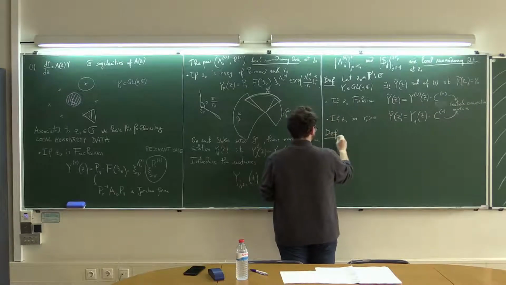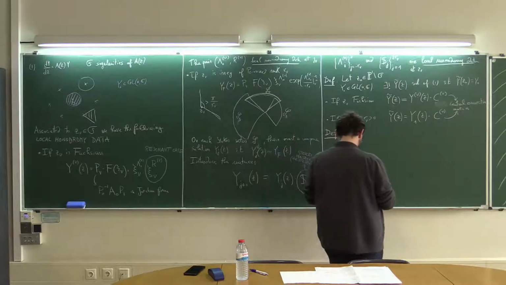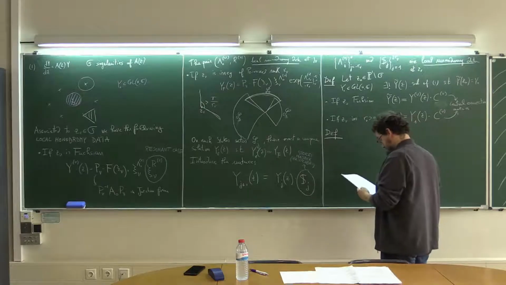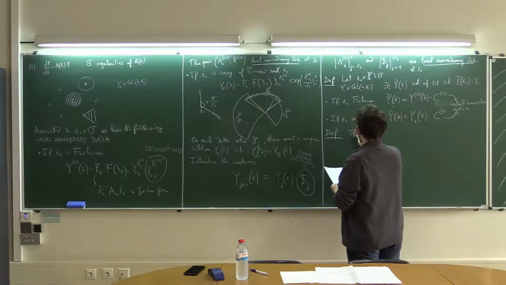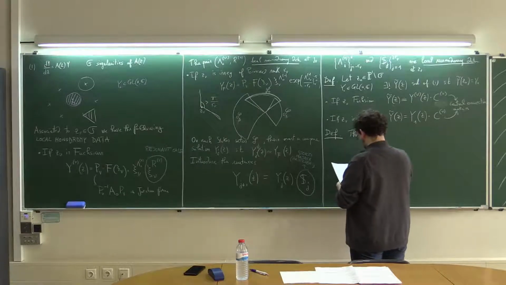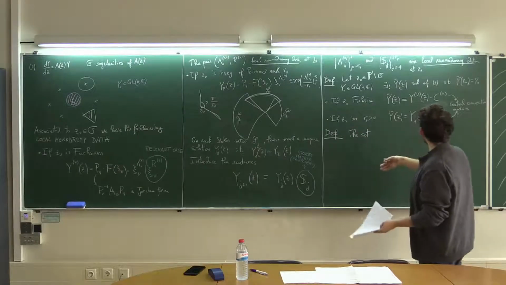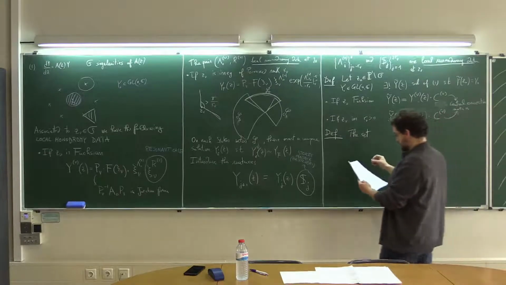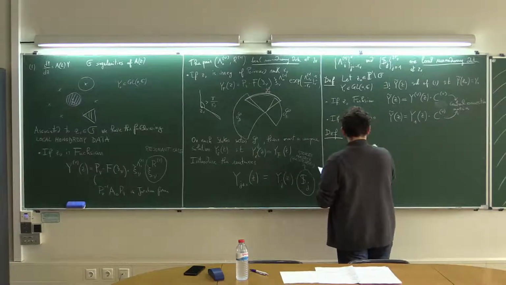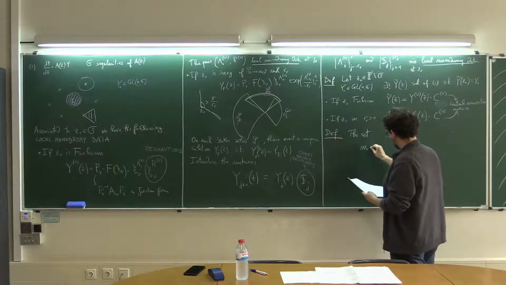Let me also introduce a different notation, a different terminology. So the set of all local monodromy data and central connection matrices deserves a name. I will denote this by small m.